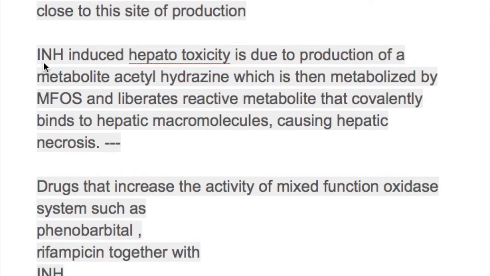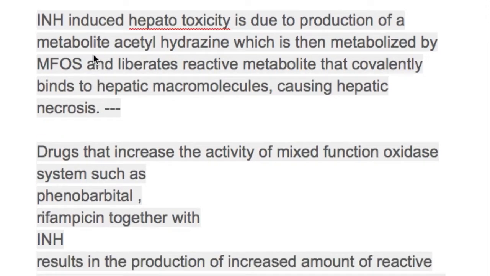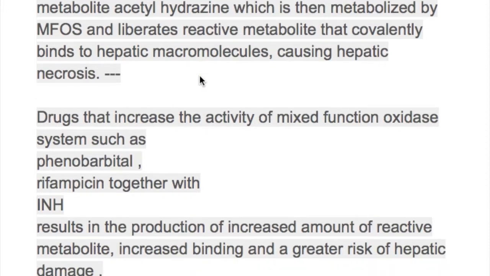Number 2, INH. INH, or isoniazid-induced hepatic toxicity, is due to the production of the metabolite acetylhydrazine, which is then metabolized by mixed function oxidase and liberates a reactive metabolite that covalently binds to hepatic macromolecules, causing necrosis.